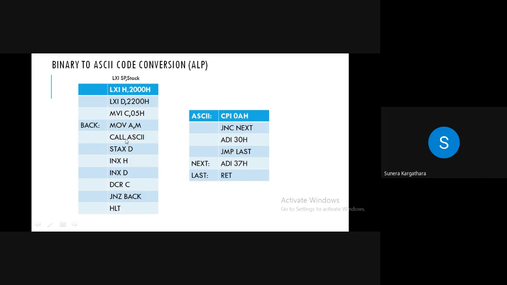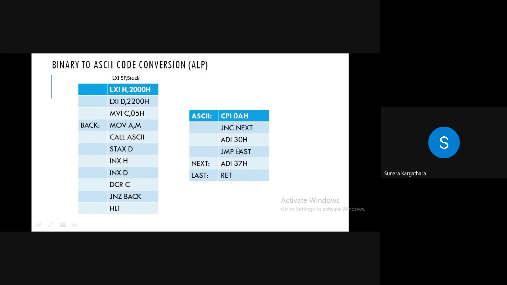Now I write CALL ASCII, which is nothing but subroutine calling. Here I have written the ASCII subroutine, and from there I do CPI 0A. The very first instruction is comparing my given input with 0A. If it is 0 to 9, that means the content given by me is a number, not an alphabet, right? So if my number is less than 0A, then the carry flag will be set, right?